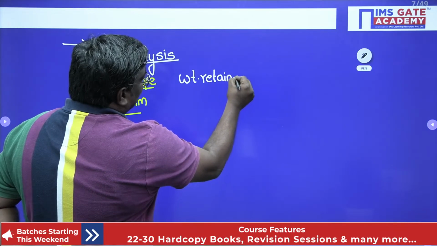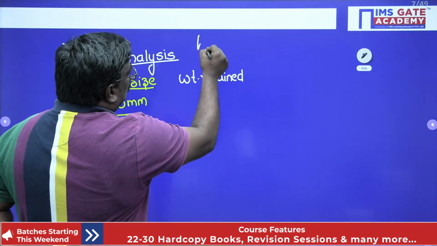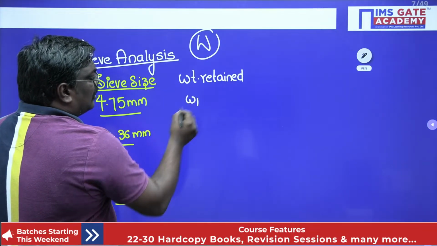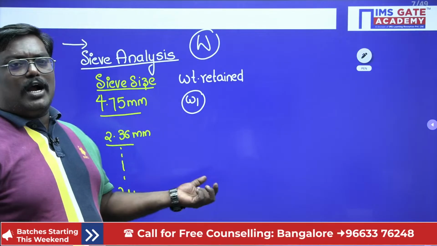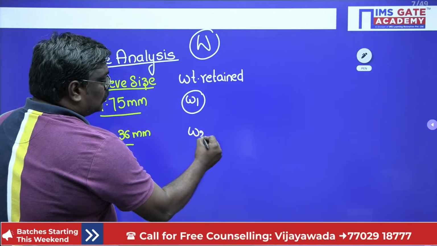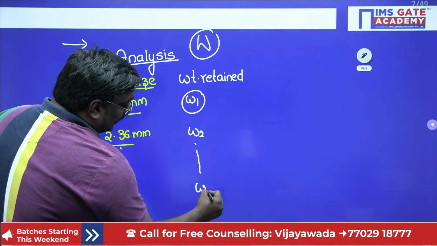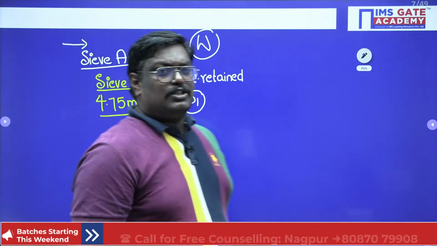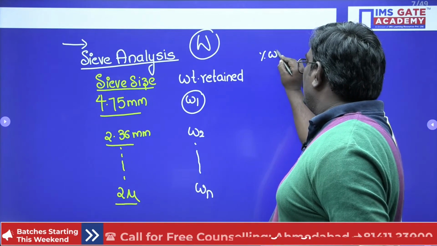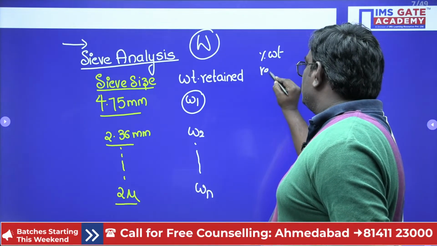So let us assume you have collected a soil of total weight W, and the weight of the soil retained on each sieve is W1, W2, and so on up to Wn. Now, my dear students, you have to calculate the percentage weight retained.